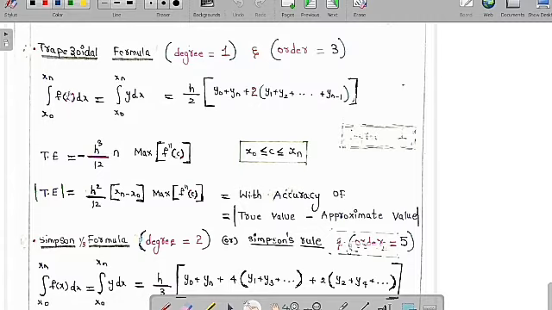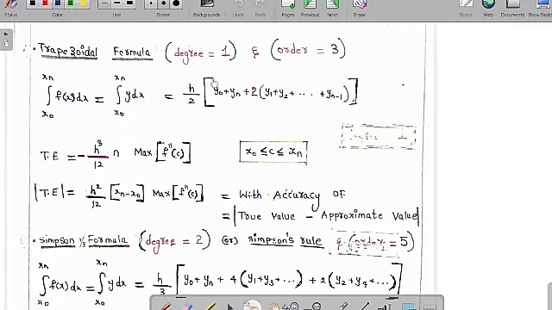Suppose we have the function f of x, and we are going to do the integration from x0 to xn, which means we are going to find the net area under the function f of x, the absolute positive area. So the integral from x0 to xn of f of x dx, where f of x is called y, is the integral of y dx, which is equal to h by 2 into (y0 plus yn plus 2 times the remaining values).